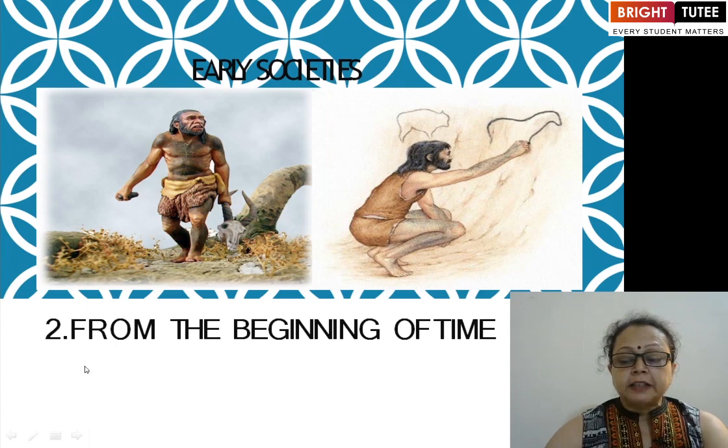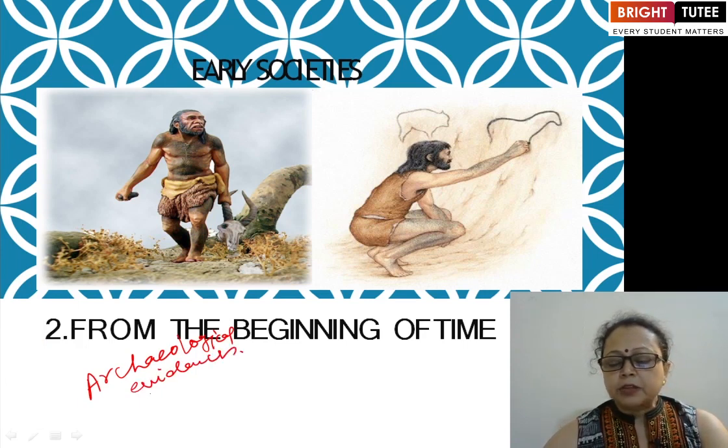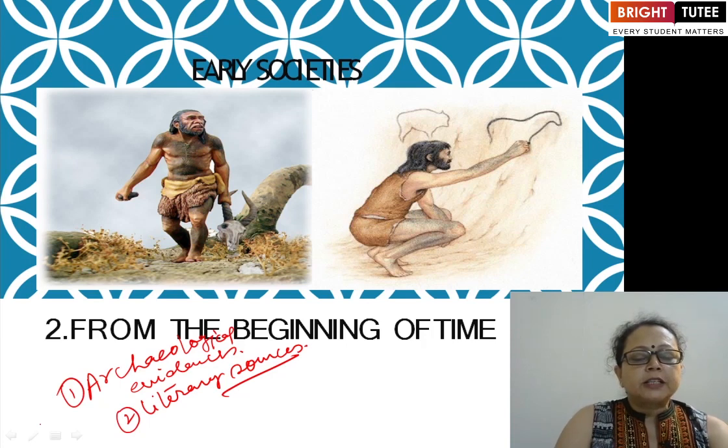So these are the two sources through which we can gather information: one is archaeological evidence and another is literary sources. These two sources provide us knowledge about ancient people.